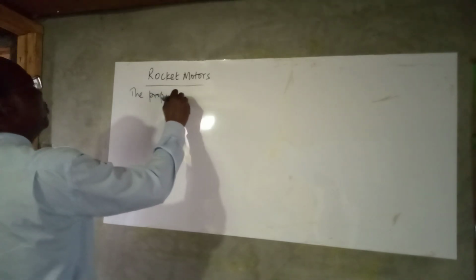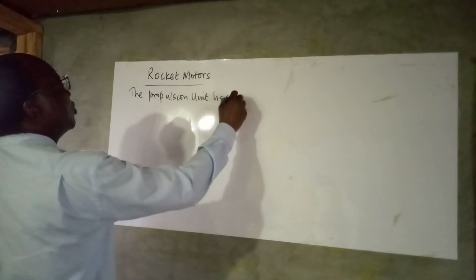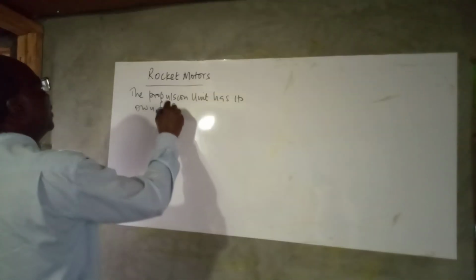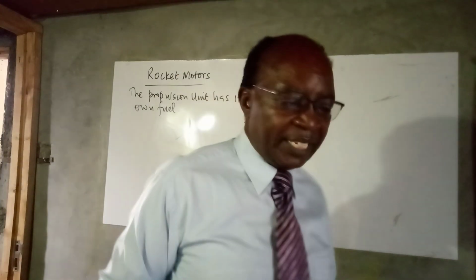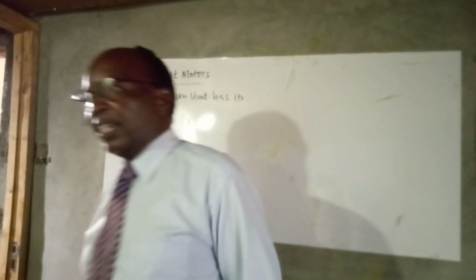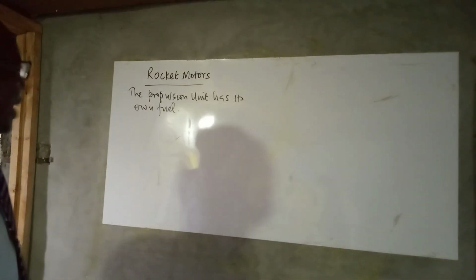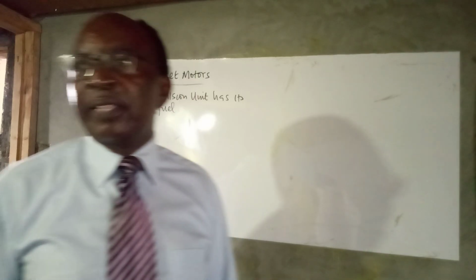The propulsion unit has its own fuel. I repeat this, unlike in the case of turbojet engines or ramjet engines, where atmospheric air was critical. In this particular case, the propulsion unit has its own fuel, and that's critical. That's very, very critical.